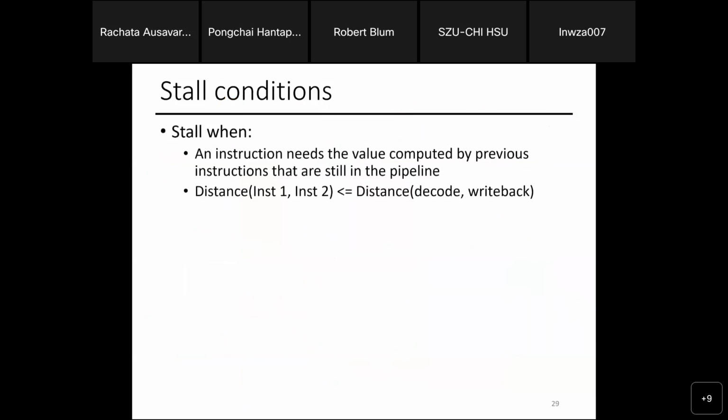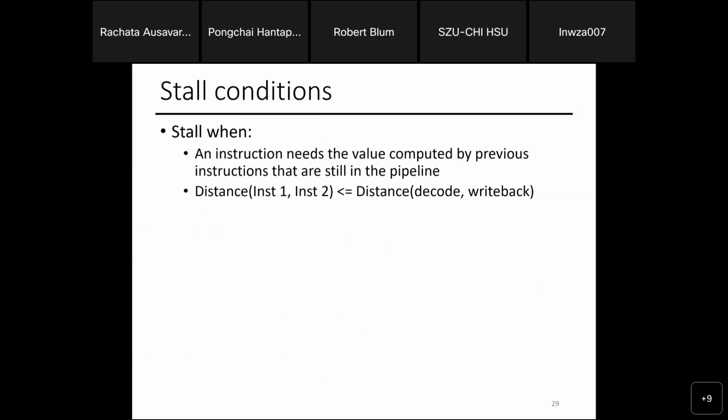Now here's the stall condition. The stall condition is basically the giant if-else that you put in at the decoding stage that dictates, can I go forward, or should I stall and stay here in the decoder? The condition depends on the distance of the dependency.